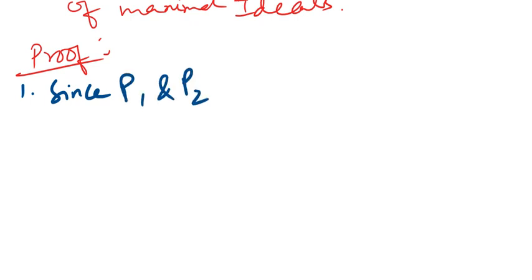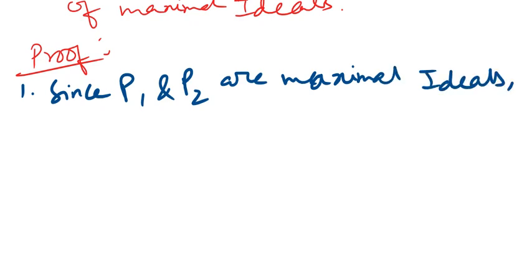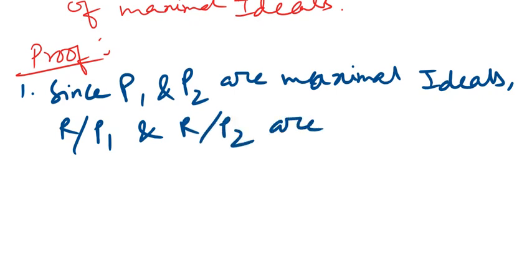Proof: since P1 and P2 are maximal ideals, R by P1 and R by P2 are fields.